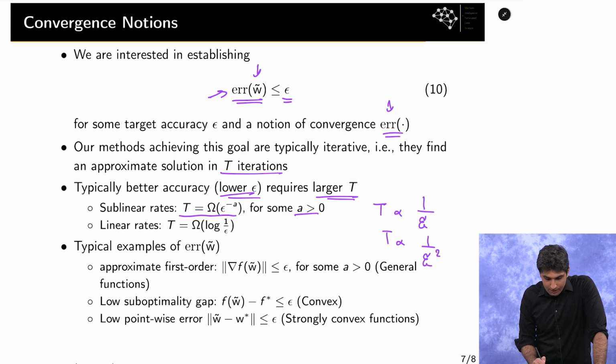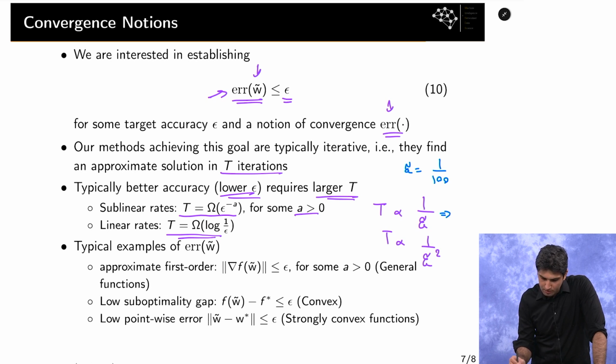On the other hand, you can have linear rates where you have a much better dependence on epsilon, okay? So why is it a much better dependence? For instance, imagine that your target accuracy epsilon is 1 over 100, okay?